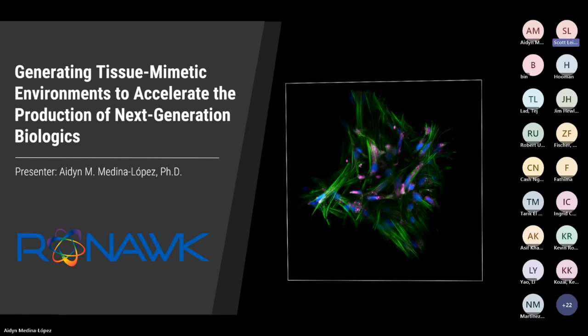Great, thank you. Second question, Aidyn, is how did you passage 3D cells? That's an excellent question. In the case of the bioblock, you will just add another bioblock to it. Because of the puzzle piece shape, they will connect, and that way the cells will migrate from the mother bioblock to the daughter bioblock to populate that daughter bioblock.